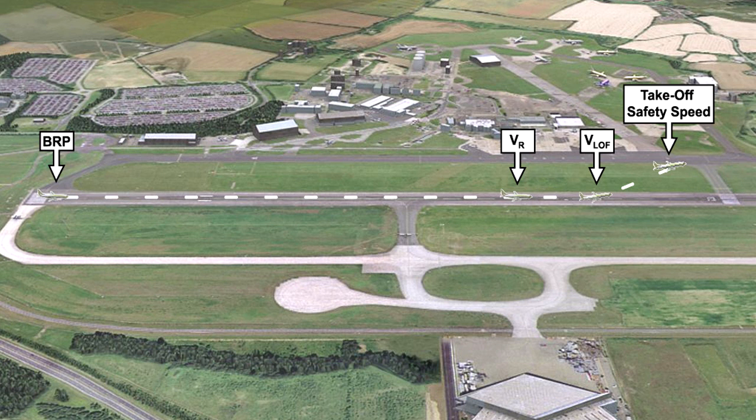This speed is called the takeoff safety speed. There is a certain minimum value associated with this speed, which is usually based upon the aeroplane's stall speed and/or its control speed, but these will be dealt with later. In large twin-engine aircraft, the takeoff safety speed is commonly referred to as V2.